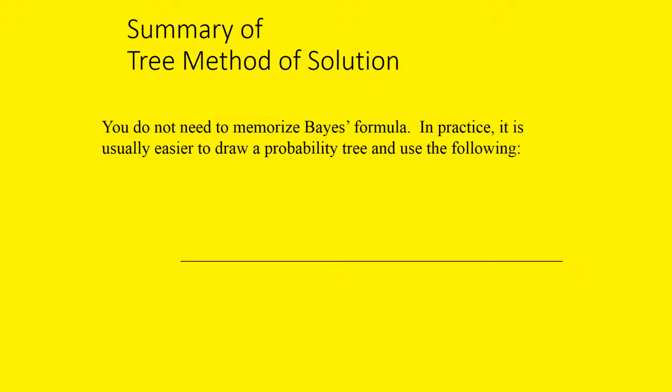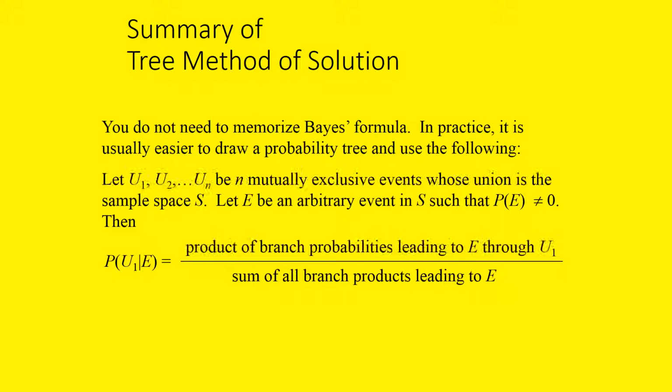Summary of the tree method of solution. You do not need to memorize Bayes' formula. In practice, it is usually easier to draw a probability tree and use the following. In fact, you'd probably want to draw the probability tree even if you were going to use the formula.